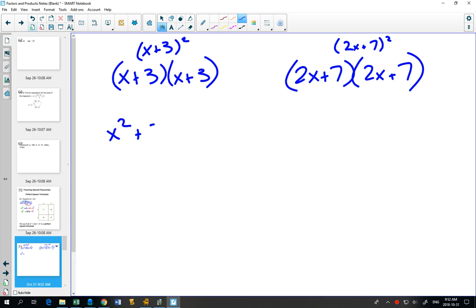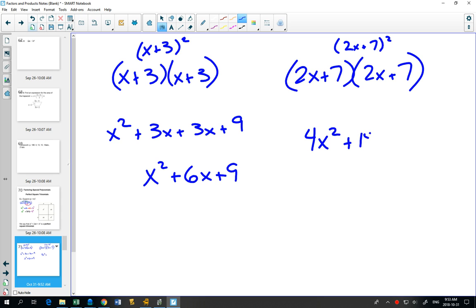Yes. So this one we'd have 3x and 3x, and then plus 9, so we get x squared plus 6x plus 9. And this one we would get 4x squared plus 14x plus 14x plus 49, so 4x squared plus 28x plus 49.